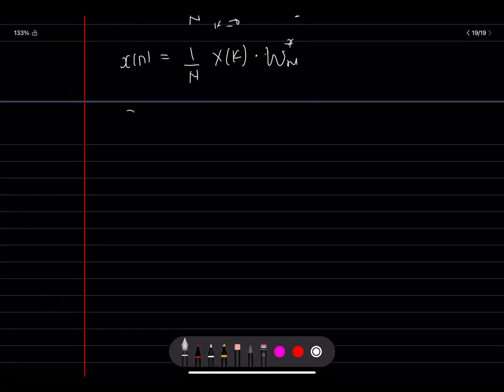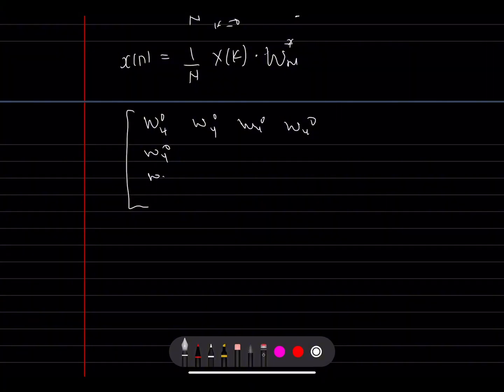Now let's proceed. If we are writing the Twiddle factors here using the w as I derived earlier, it was w4 power 0, w4 power 0, w4 power 0, w4 power 0. And the same thing here: w4 power 0, w4 power 0, and w4 power 0.